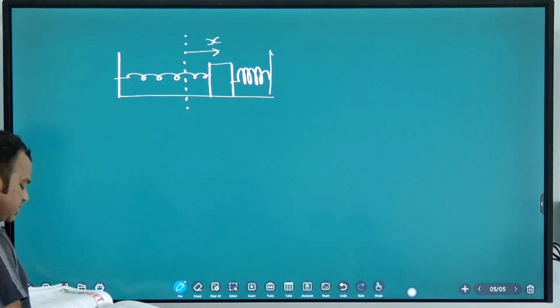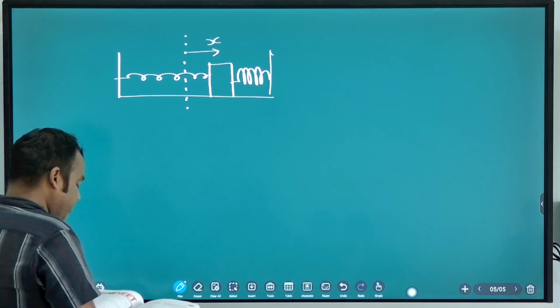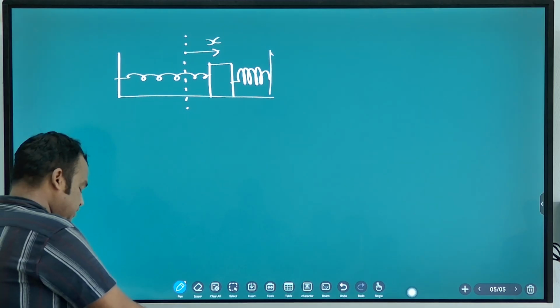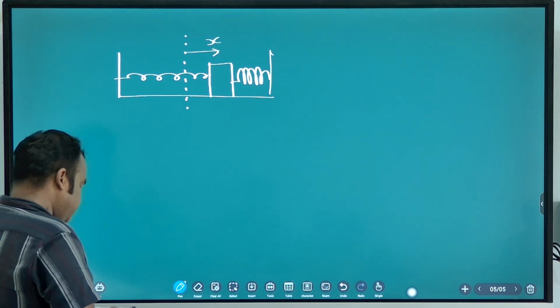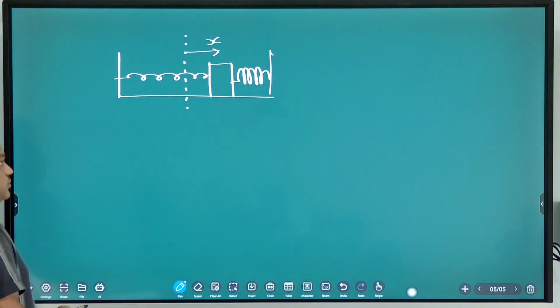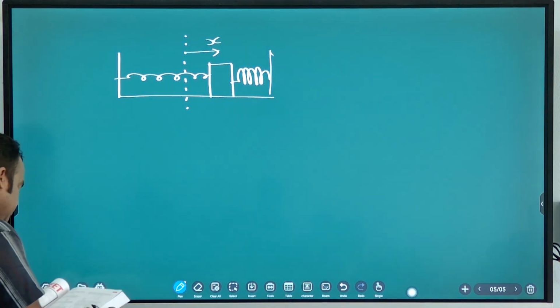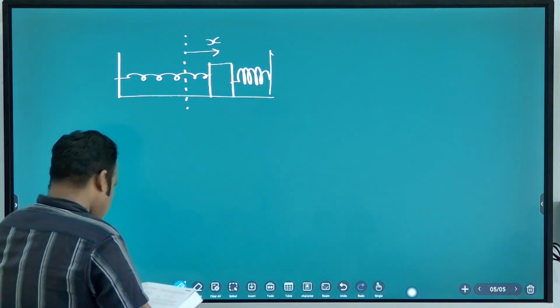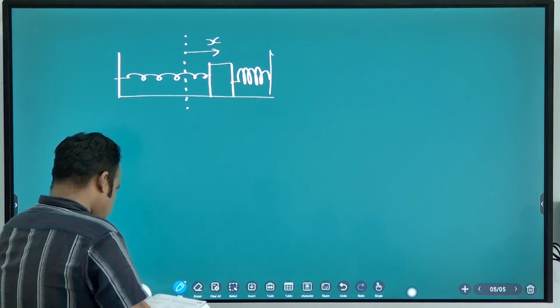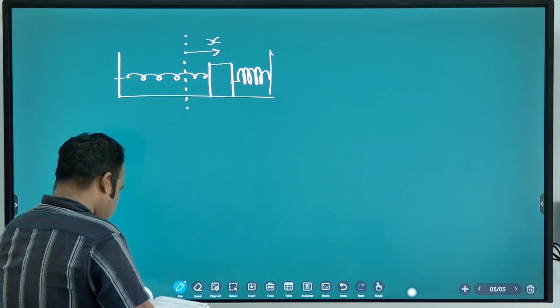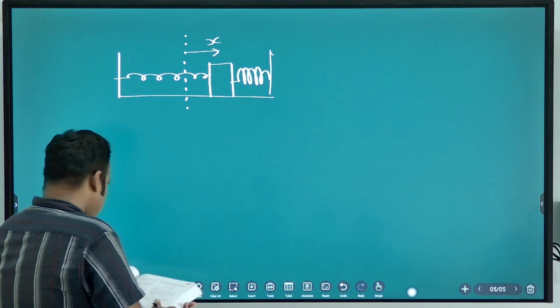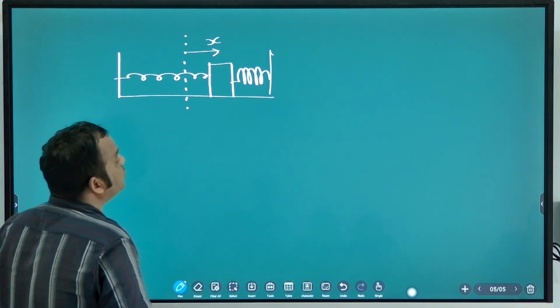Question 16: Block of mass m attached to two unstretched springs of spring constant k. Both are k. Block is displaced towards right through distance x and released. The speed of the block when it passes through mean position.